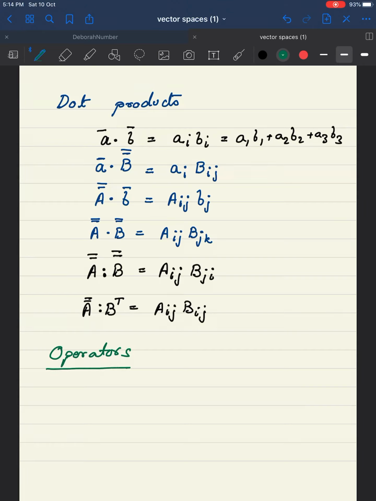Some important operators that we are going to encounter again and again, and one of them is the del operator in Cartesian coordinates.